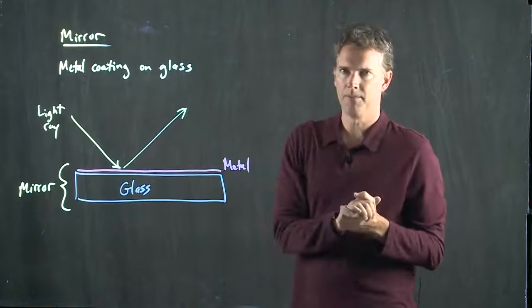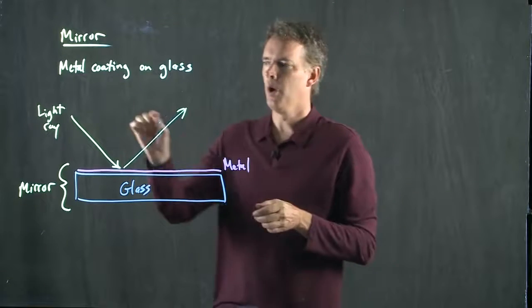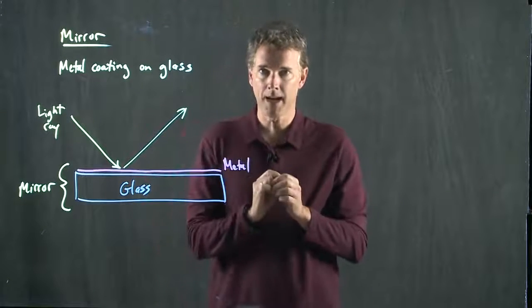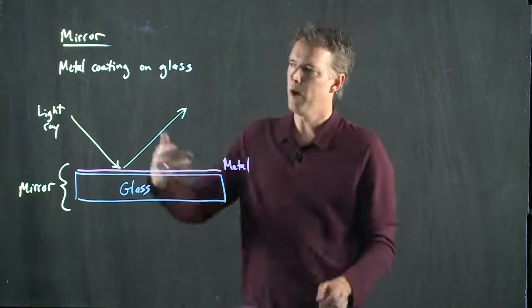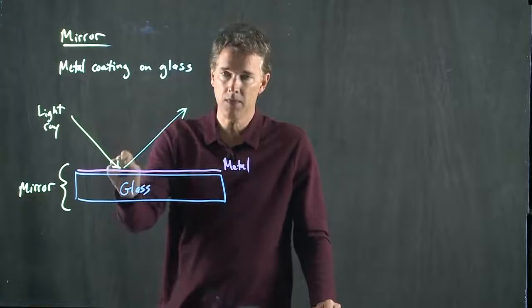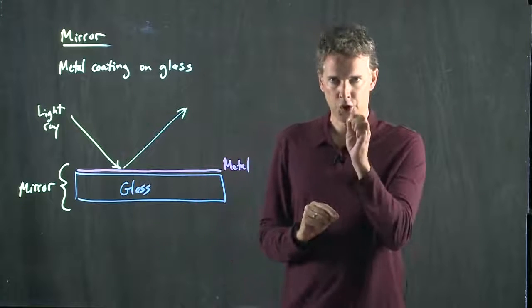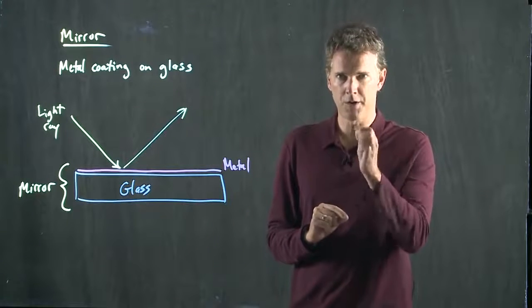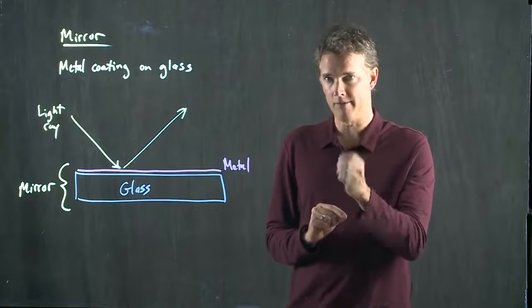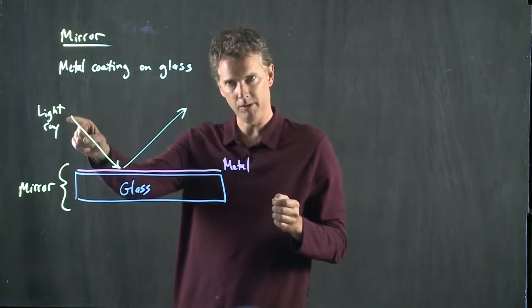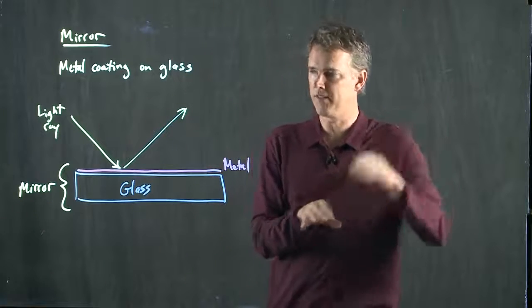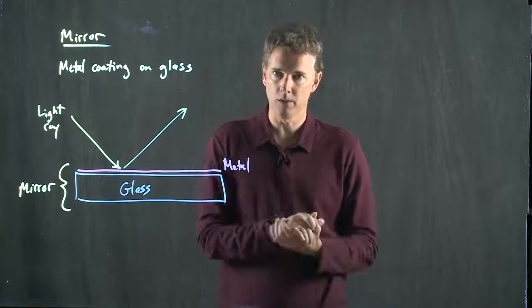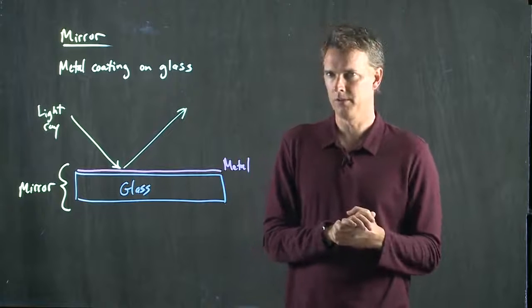It happens because we know that light is made up of electric fields and magnetic fields. And when those electromagnetic fields hit the metal, the little charges in the metal start to vibrate. And they vibrate at exactly the same frequency as the light ray that was coming in, and it re-radiates that into another ray at the same frequency.